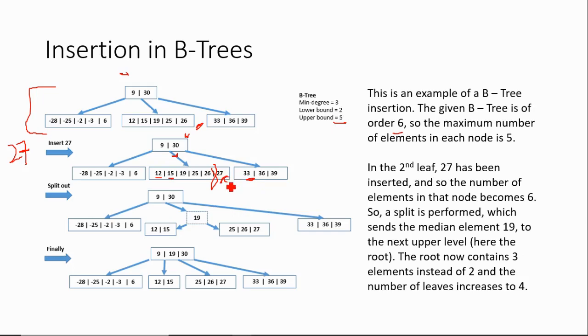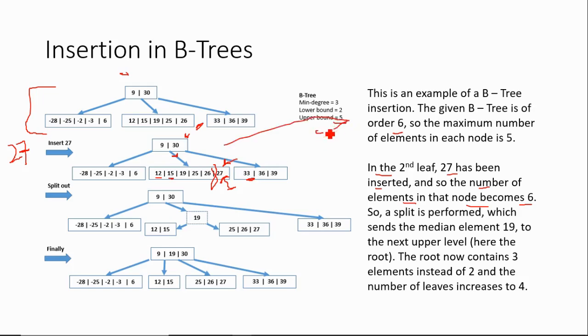But on inserting 27 into this second leaf, the number of elements in that node becomes 6. The maximum number of elements that any node in this tree can store is 5, as we have seen.